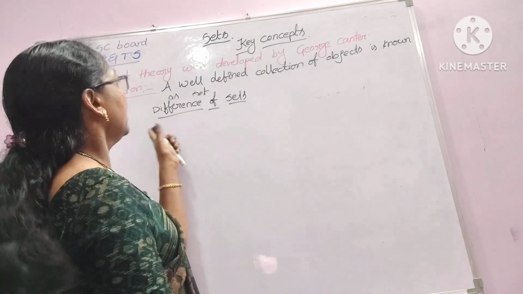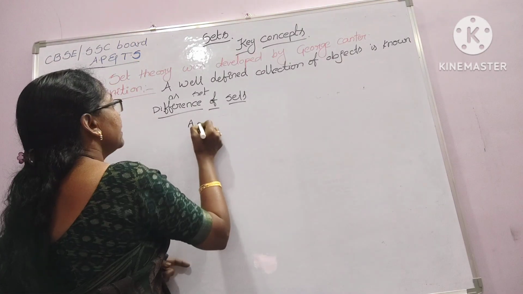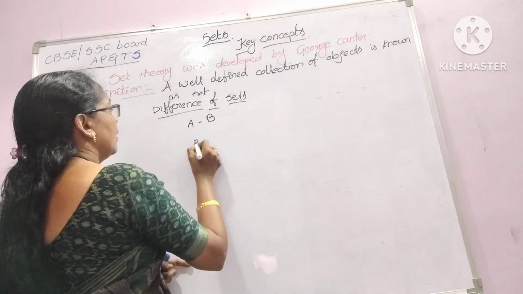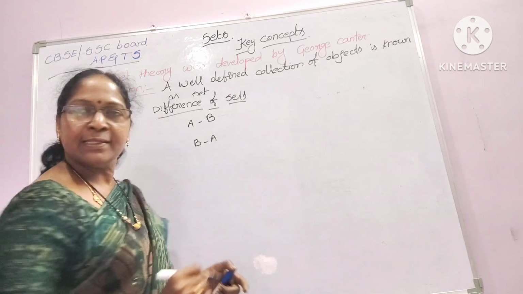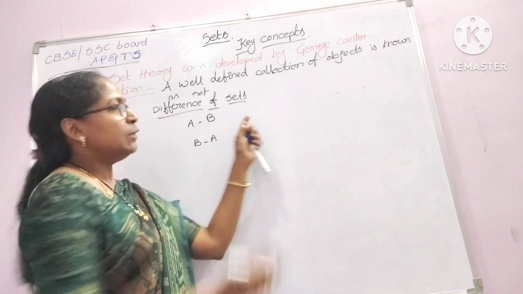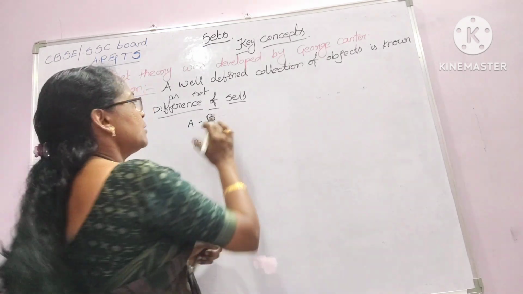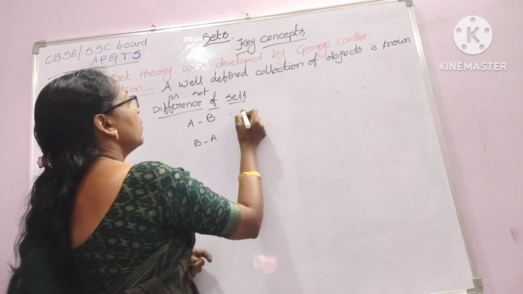Next topic is difference of sets. A minus B and B minus A. Difference of sets means those elements belong to only A, not B. So here A minus B equal to how much?